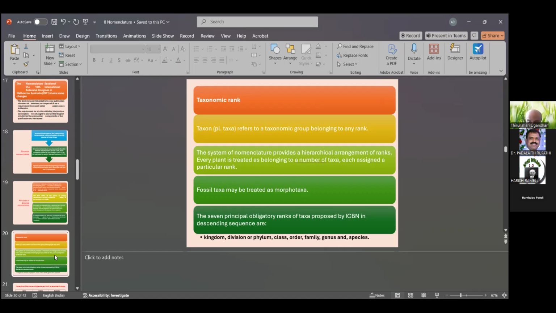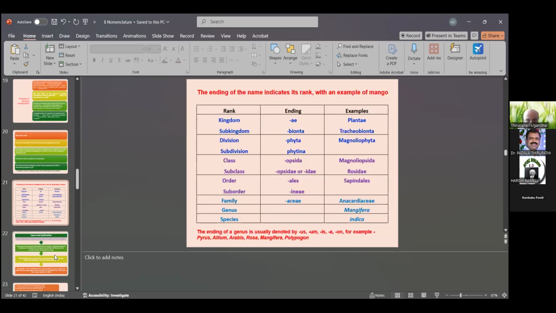The seven principal obligatory ranks of taxa proposed by the ICBN, in descending sequence, are kingdom, division, phylum, class, order, family, genus, and species. These are the names that are major and important for taxonomic rank. The ending of the name indicates the rank, with the example of the mango.